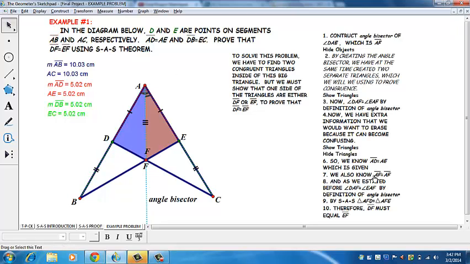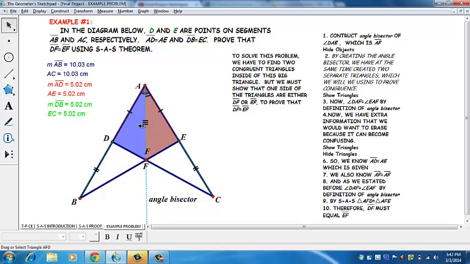Now, we also know that the line AF is congruent to itself. And as we stated before, we know that our angle DAF is congruent to our angle EAF by the definition of angle bisector. Now, by SAS, we know that our triangle AFD is congruent to our triangle AFE.